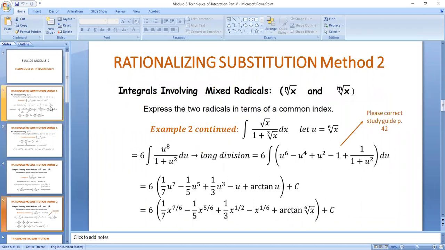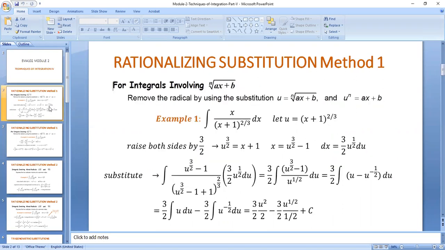As a review, the first one is applicable for an integral containing an nth root of an expression of ax plus b. So a is any constant, you have the x variable, and added to it is the other constant b. So whenever your integral is written in this form, it contains an nth root of the expression ax plus b.